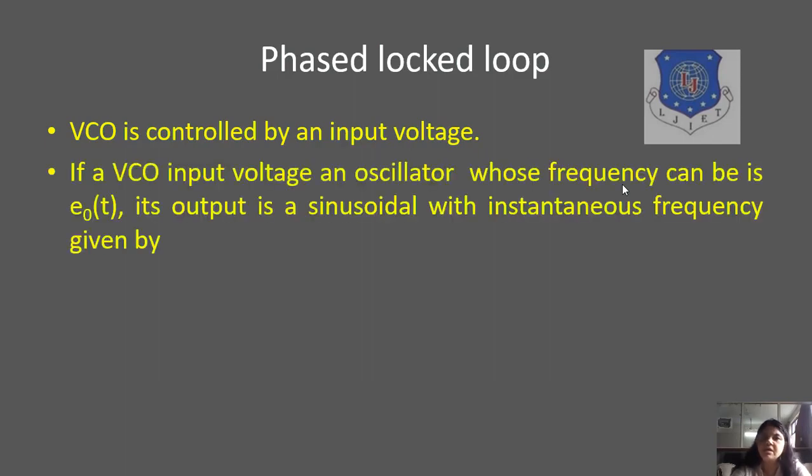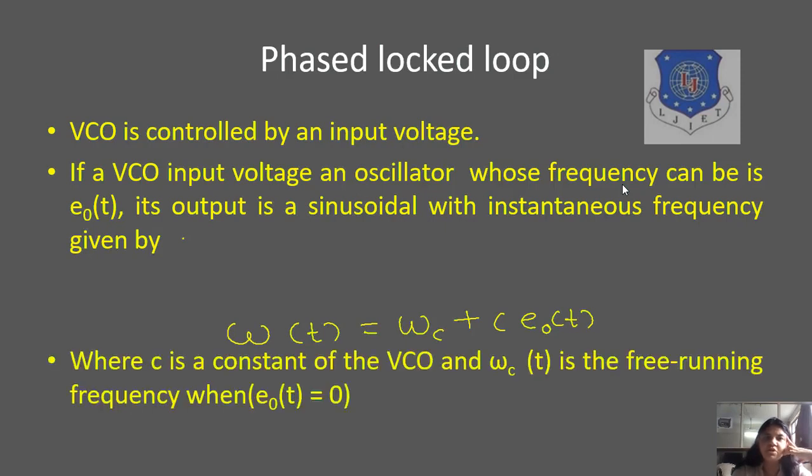Now if an input voltage E0(t) goes to the VCO, its output is a sinusoid with the instantaneous frequency given by omega(t) = omega_c + c E0(t), where c is the constant of the VCO and omega_c is the free running frequency when E0(t) is equal to 0.